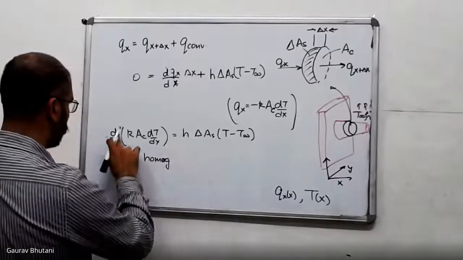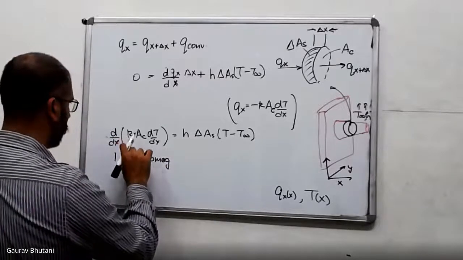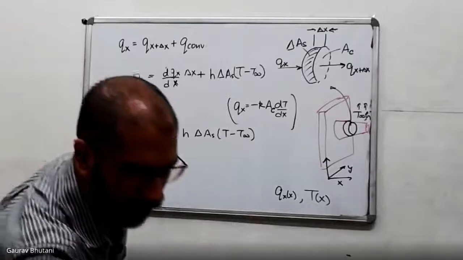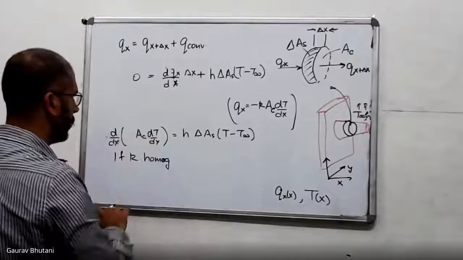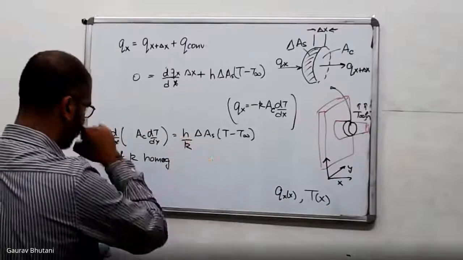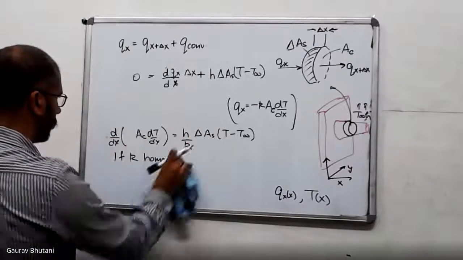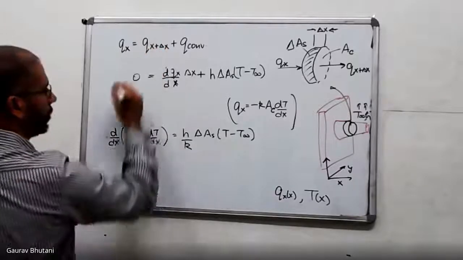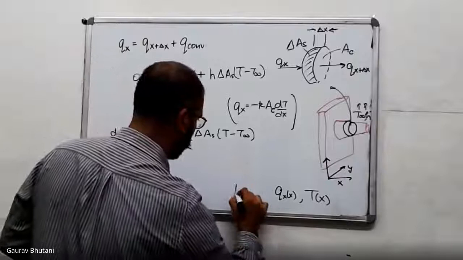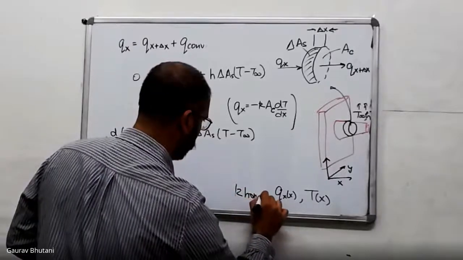So all you have is d by dx of, let me do it here only just to save on some space. If K is homogeneous, then this K comes out and I can write this K here, and this becomes my d by dx of AC times dT by dx. So I'll write somewhere here K homogeneous.